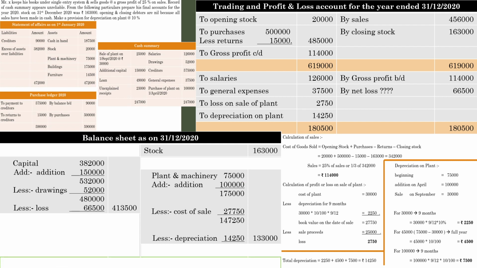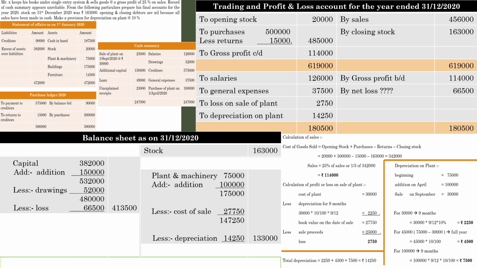And during the year there was a purchase of certain plant in April, that is 1 lakh, so you need to add. Next one, there was a sale of an asset. So remember the sale of the asset whose book value was 27,750.